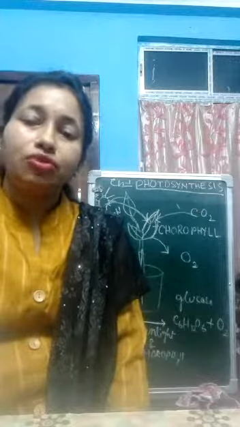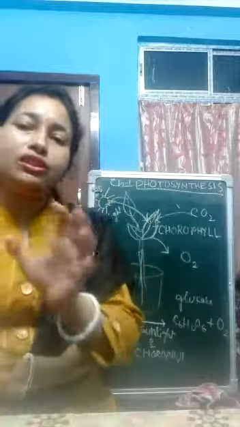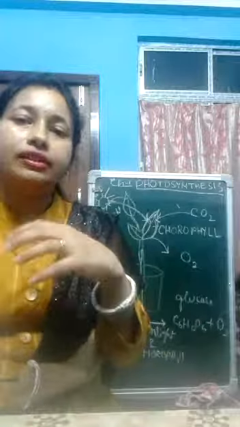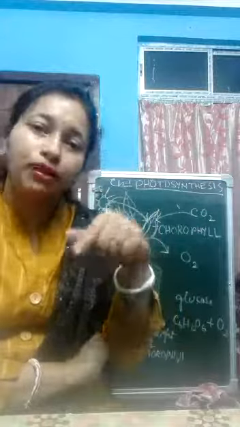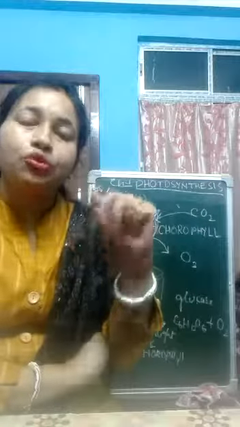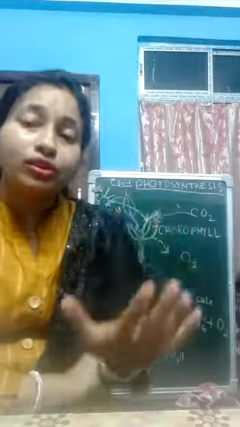Now the question is, what is autotrophic? What is the difference between these two? Autotrophic nutrition is the nutrition in which the organism makes its own food. It doesn't take from others. It is not dependent on others. It prepares it by itself. So, what is autotrophic nutrition?